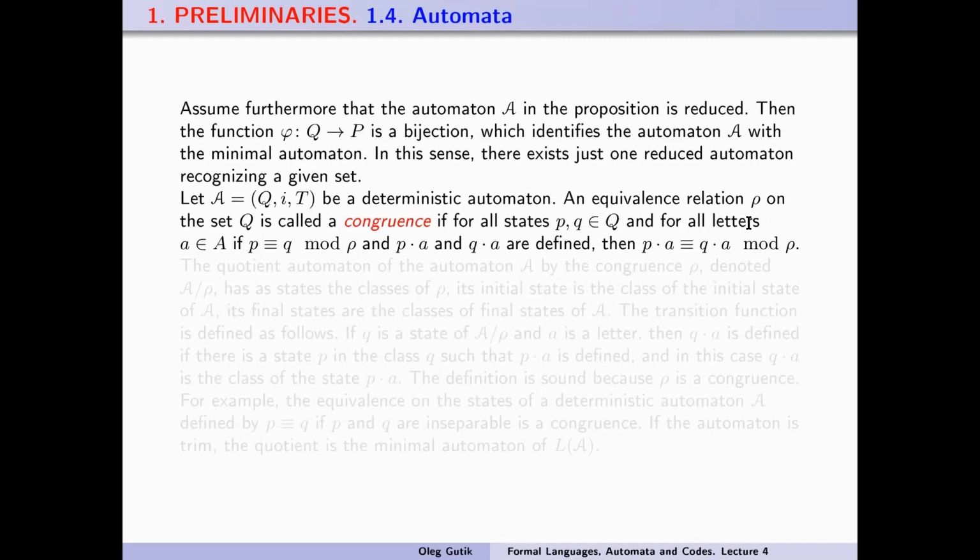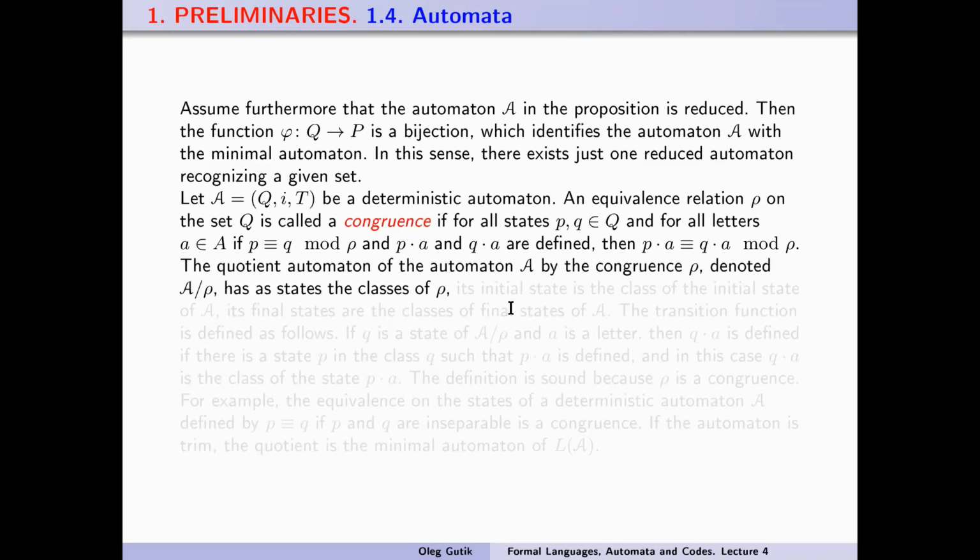An equivalence relation ρ on the set of states Q is called a congruence if for all states P and Q from Q and for all letters A from the alphabet A, if P is equivalent to Q modulo ρ and P multiply A and Q multiply A are defined, then P multiply A is equivalent to Q multiply A modulo ρ.